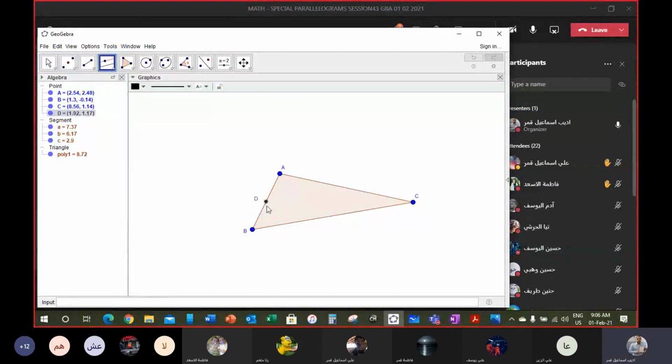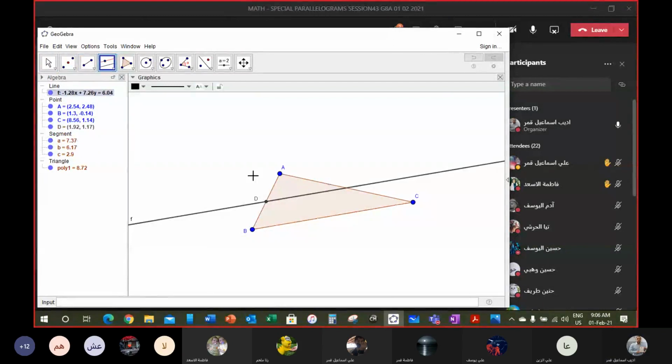So D is the midpoint of AB and the line through D is parallel to BC. Where does it cut AC? In its midpoint. Mute your microphone, Fatima.